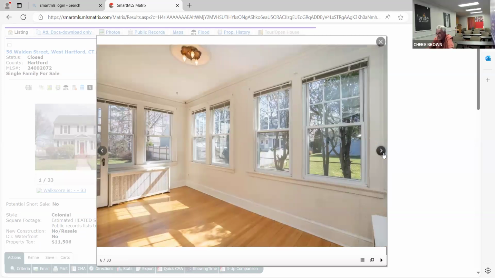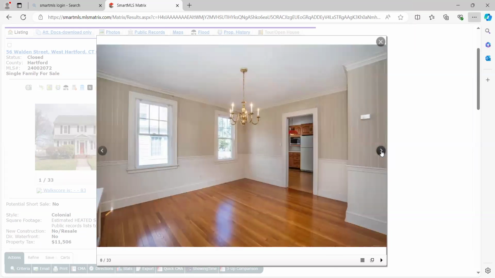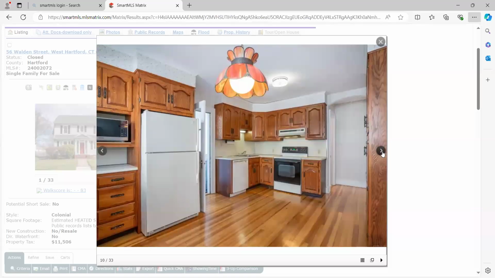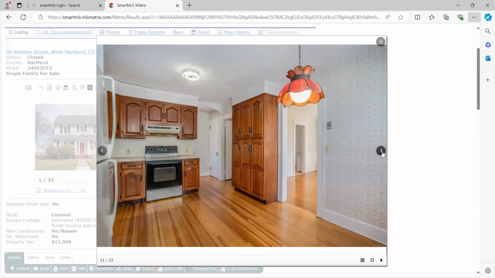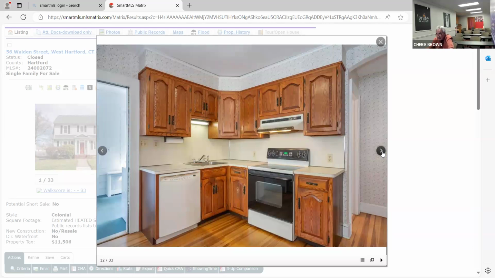Much wallpaper that people aren't too crazy about. The kitchen is old. It's not upgraded. The kitchen's okay.